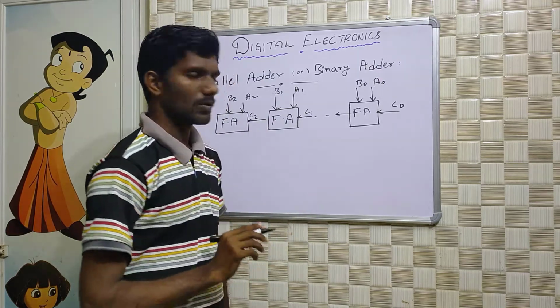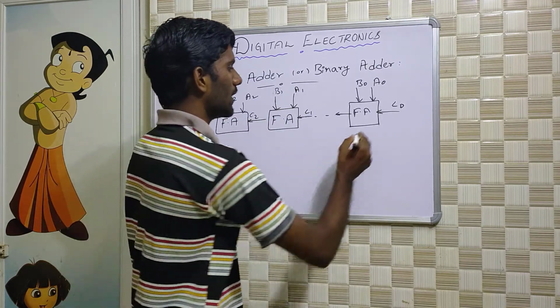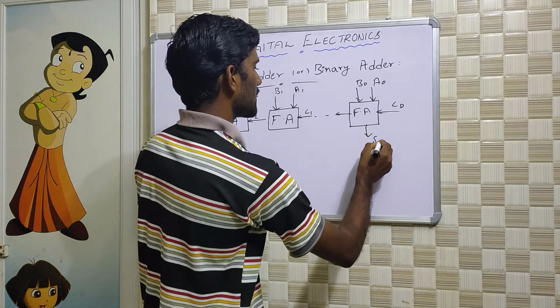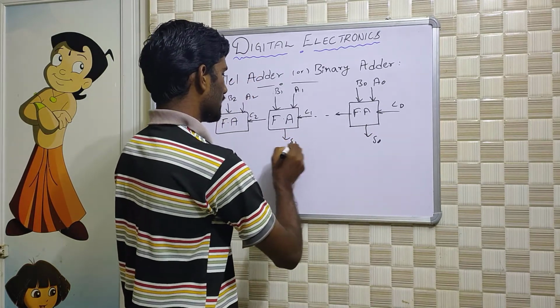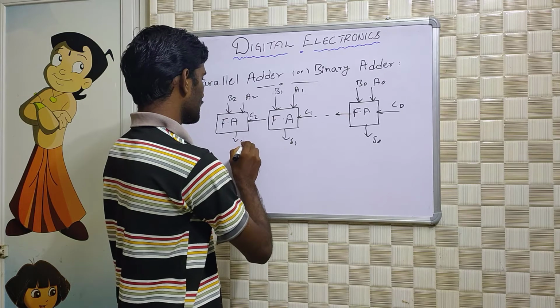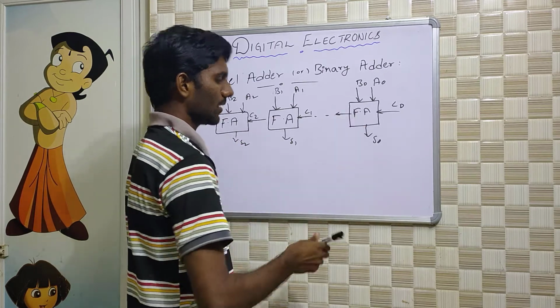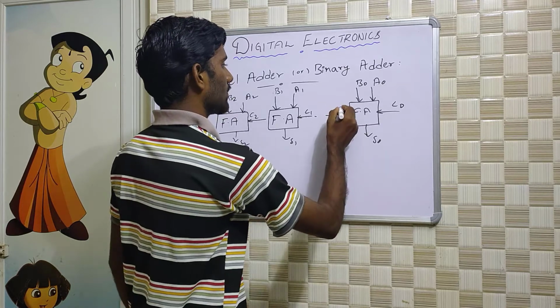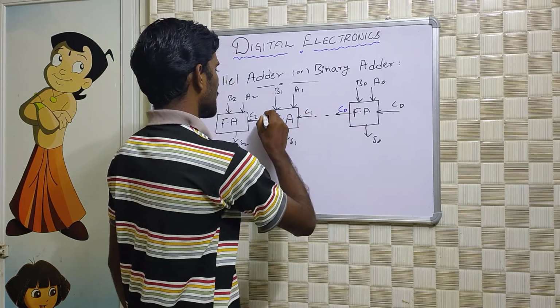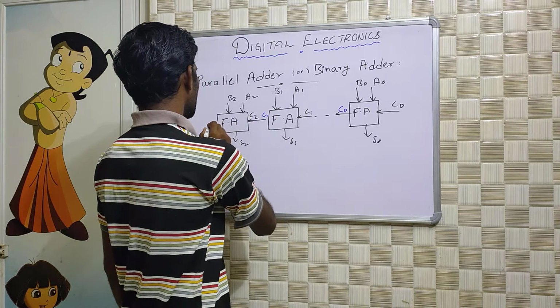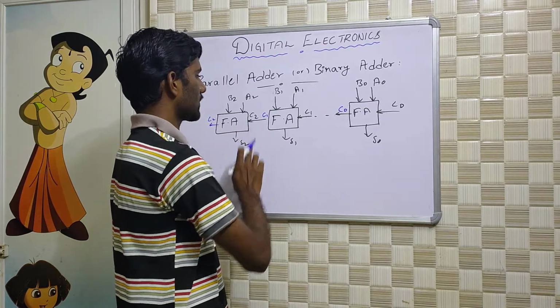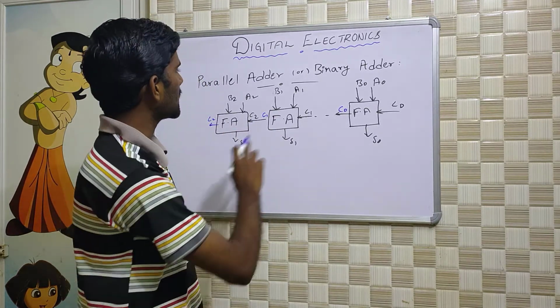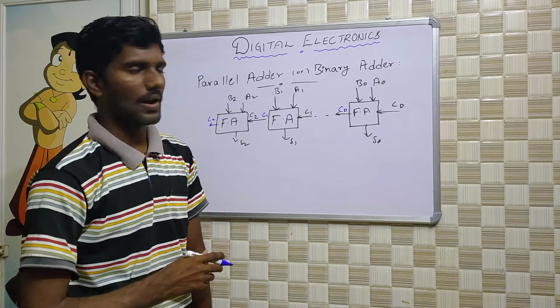There will be two outputs for a full adder. The outputs will be S0, S1, S2, and similarly the carry outputs C0, C1, C2 like this. So this is the general block diagram of a parallel adder.